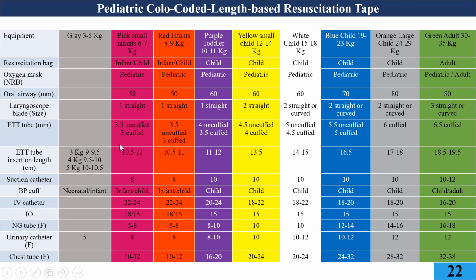It also covers ETT size, ETT insertion length, suction catheter size, blood pressure cuff, IV catheter size, intraosseous size, feeding tube size, urinary catheter size, and chest tube size. Now, is that clear?